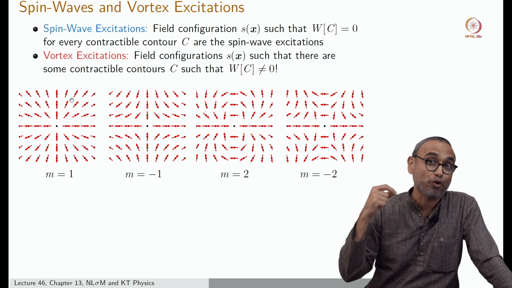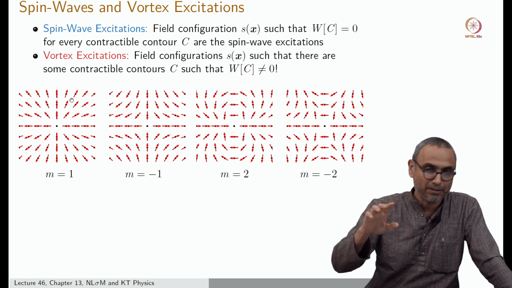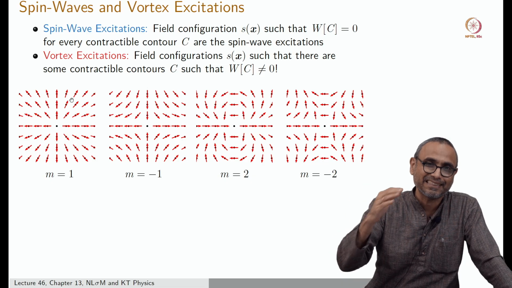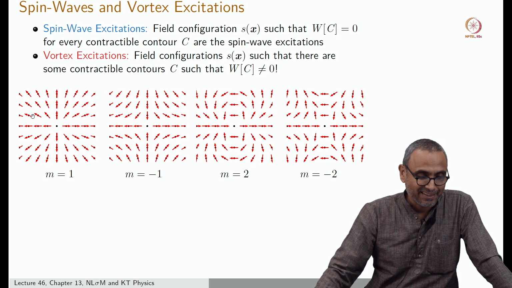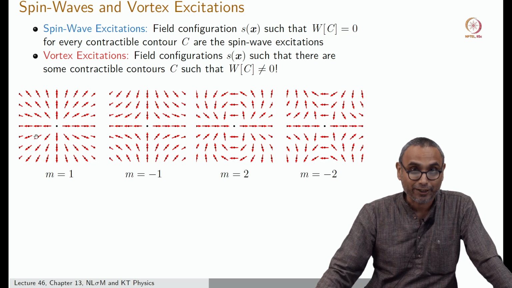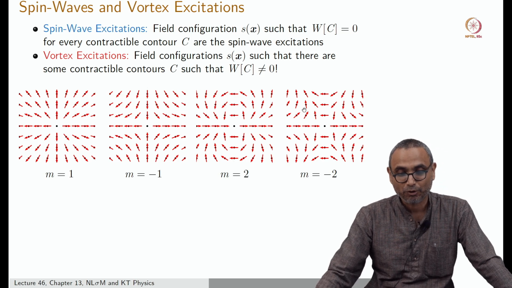It tells you that vorticity is quantized, in the sense that it is integer numbers in this picture. So this is the m equal to 1 vortex, this is m equal to minus 1 vortex, this is m equal to 2 vortex, and this is m equal to minus 2 vortex.